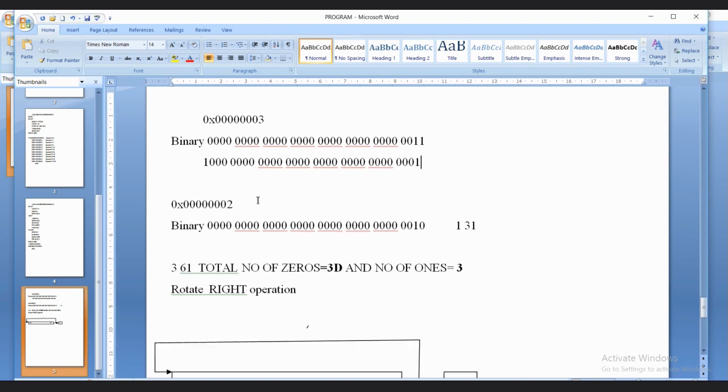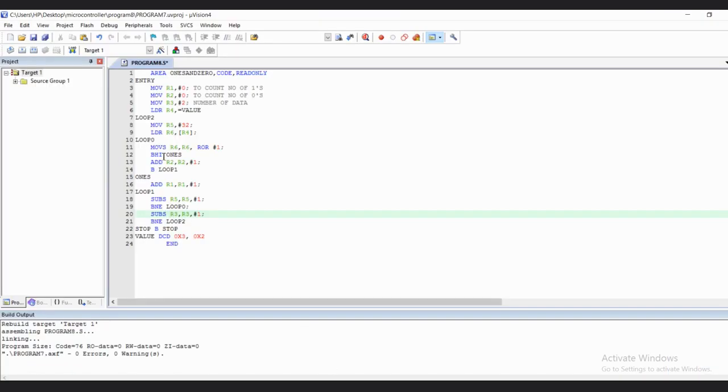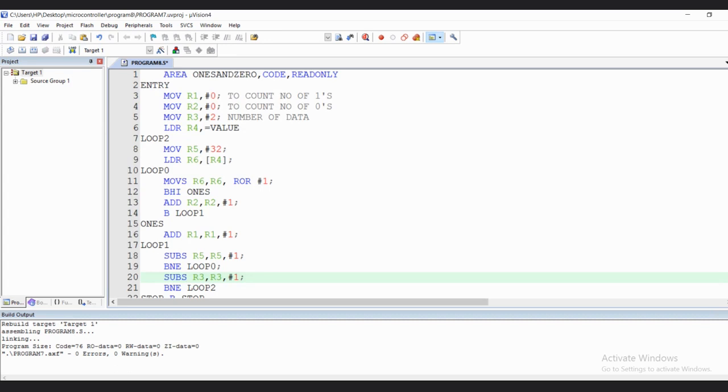This will be the result after one rotation, and also the carry flag will be equal to 1. Depending on the carry flag, we will count the number of zeros and ones. For better understanding, we shall go to the program. This is our program.